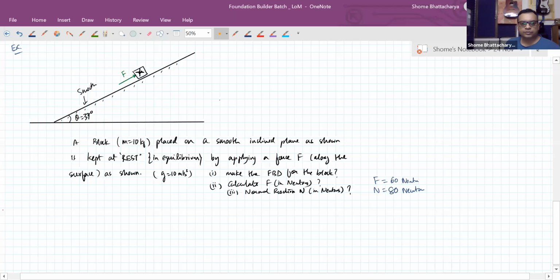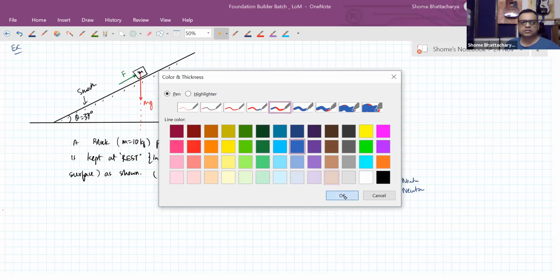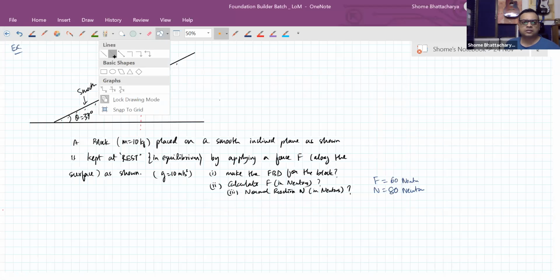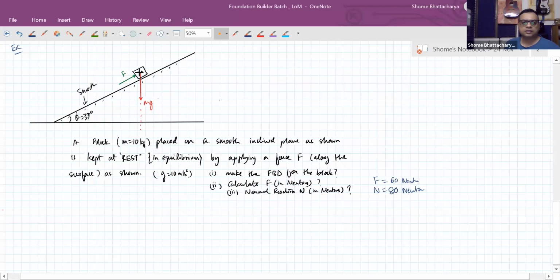So the weight of the block is a force that will act vertically downwards along this vertical direction, and the normal reaction is a force which will act along this direction, perpendicular to the surface. So it will act along a line which is at 90 degrees like this.